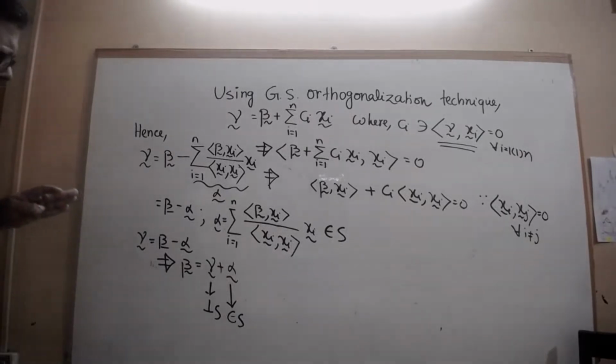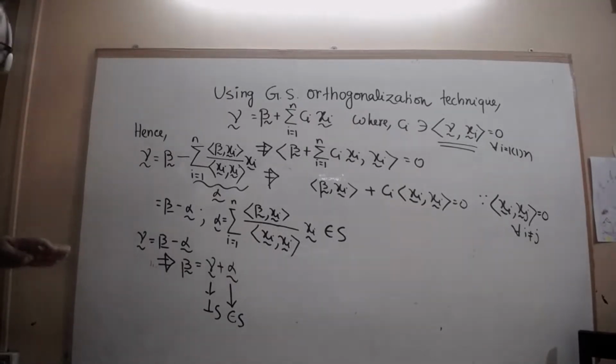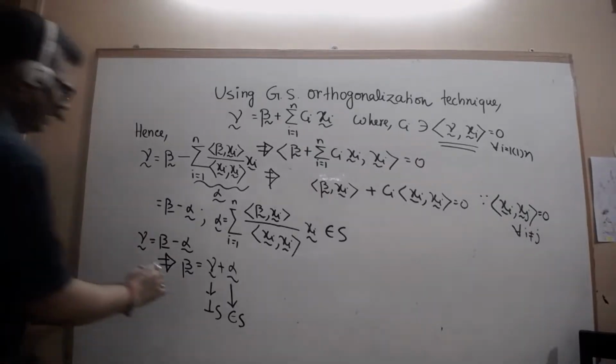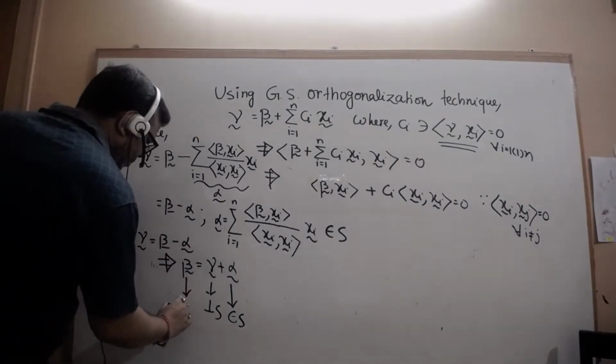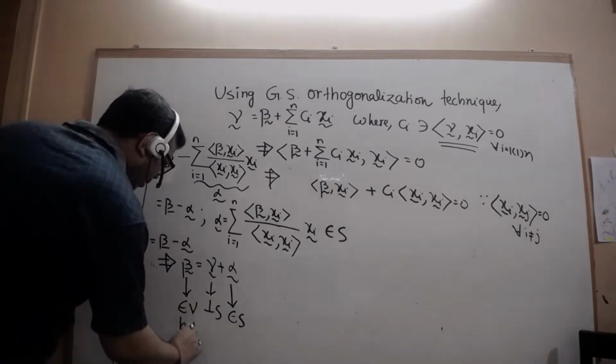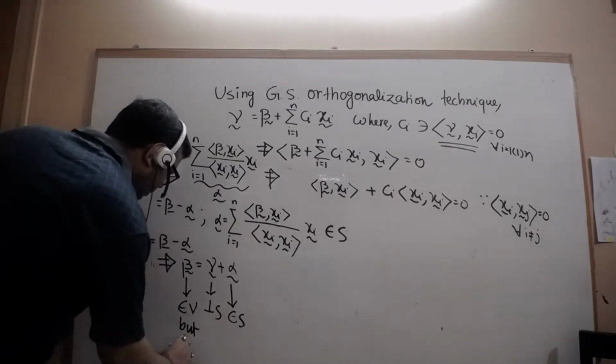Gamma curl is orthogonal to any vector in S because gamma curl is orthogonal to x1, x2, ..., xn. Since x1, x2, ..., xn is the basis of S, gamma curl is orthogonal to any vector in S. This means gamma curl is orthogonal to S. And this beta belongs to V.